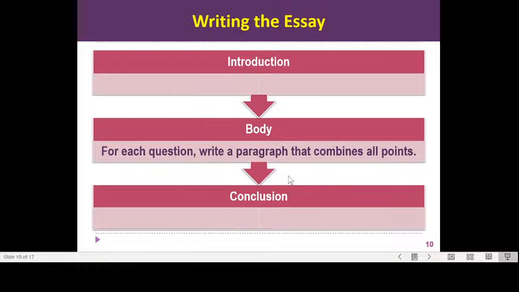And then when you finish, you need to write a conclusion, also either one paragraph or a couple of lines in which you tell them why you are eligible to join the university.